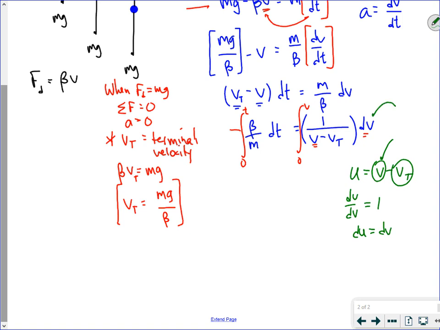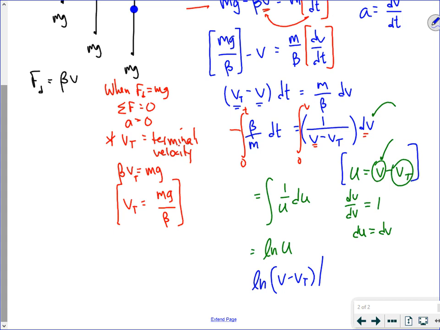And so what we're actually integrating is 1 over u du. And that yields the natural log of u. Well, for us, that's actually the natural log of v minus vt. We have to evaluate that, like we said, from 0 to v.